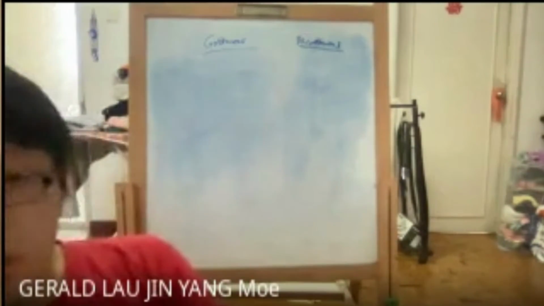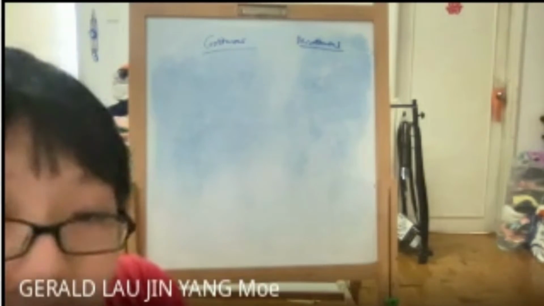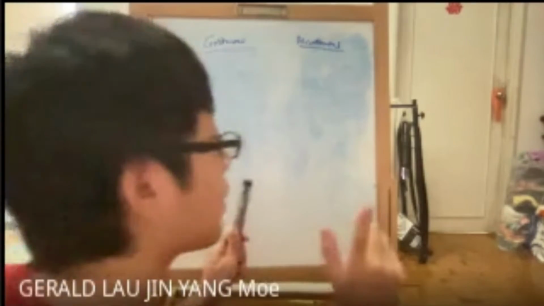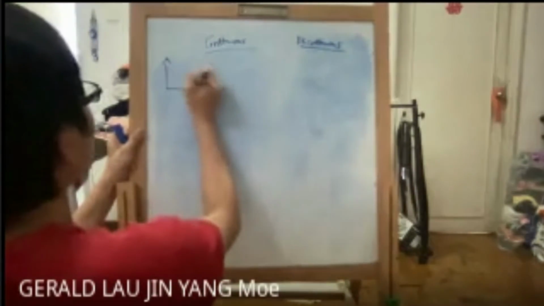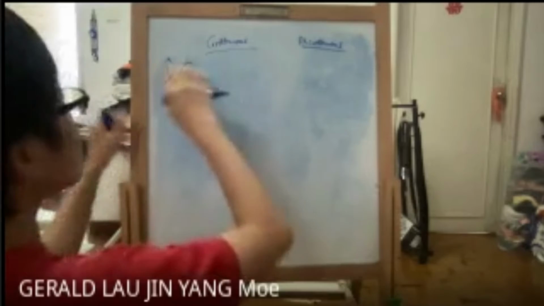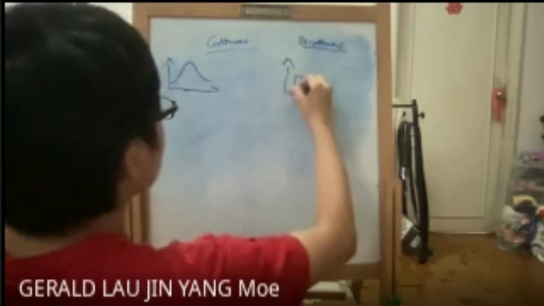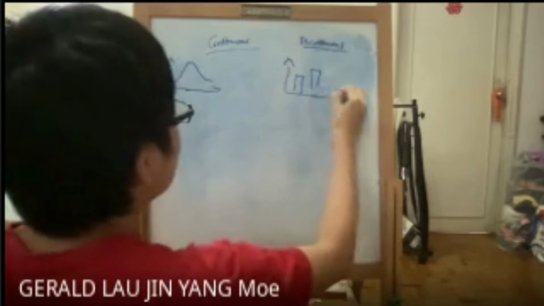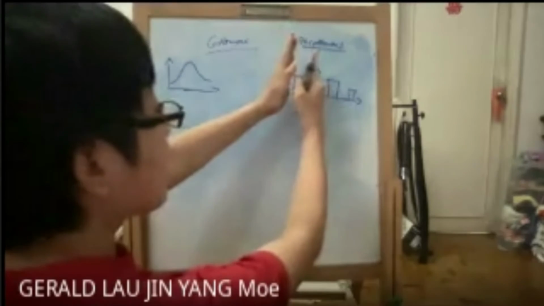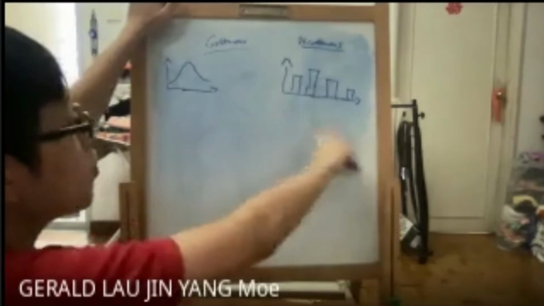You have to know first. Continuous variation means the difference is not distinct, it can be measured. For example, it is a spectrum. I think I'll draw the graph first, it's easier. The shape of the graph for continuous will be a bell curve like that. It just continues like that. But discontinuous will only have one bar like that, one like that, one like that, one like that. Understand? They are different, with spaces in between. But continuous just continues, no break like that.